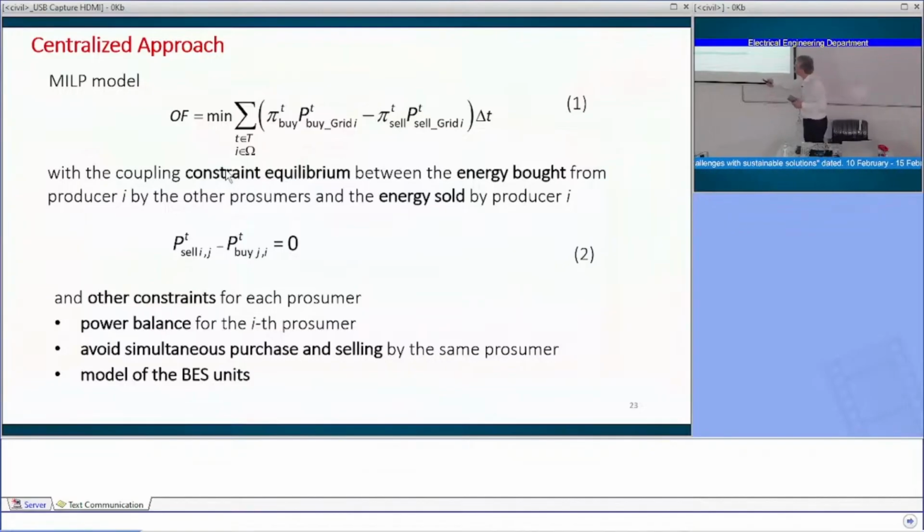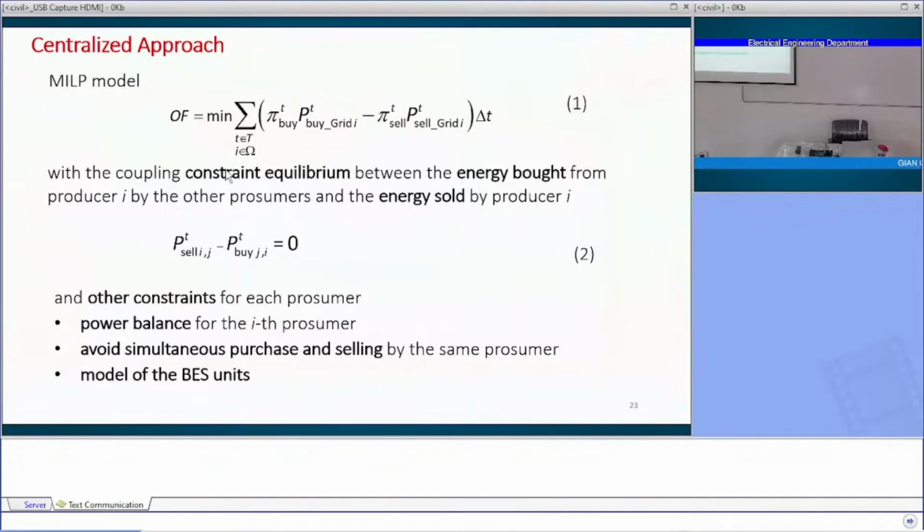So we are specifying here i and j, i and j, i and j. So for each transaction, peer-to-peer transaction, there is one that is selling, so injecting power, and one that is buying power. Obviously, the amount of power or the amount of energy for a time slot needs to be the same. So as much as you sell, the other needs to buy the same. So this is our constraint.